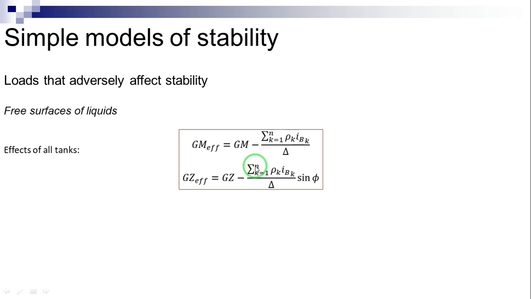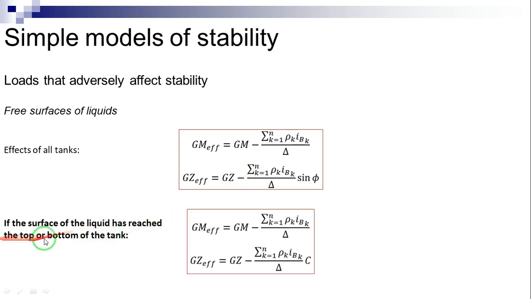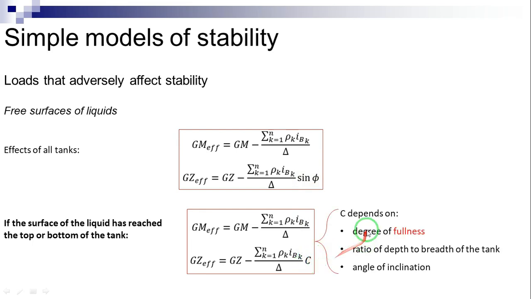Note that if the surface of the liquid has reached the top or bottom of the tank, the sign function is substituted with the factor C, as we can see here. The value of C depends on the degree of fullness, the ratio of depth to breadth of the tank, and the angle of inclination, each of which has some influence on the degree to which the motion of the liquid is suppressed.